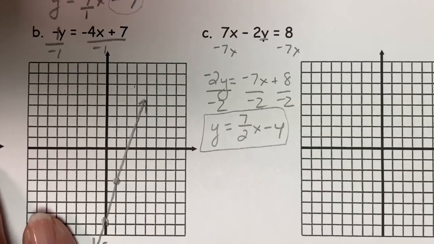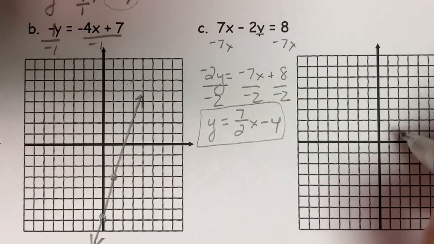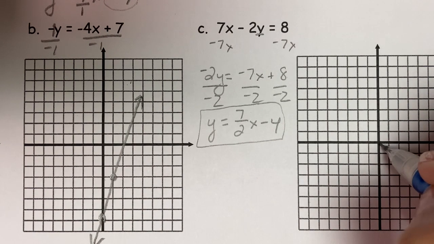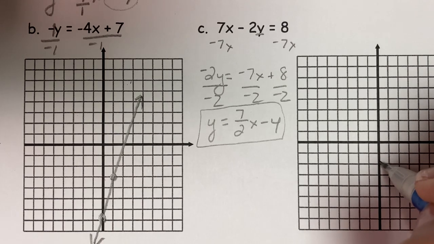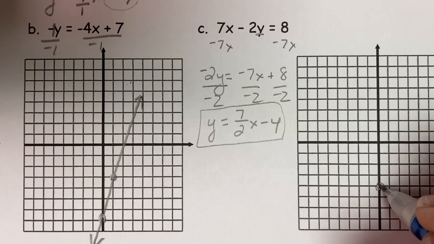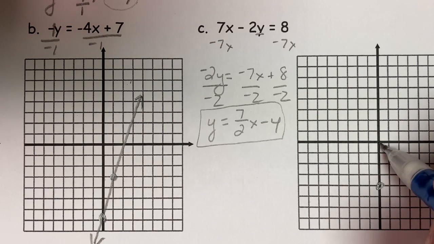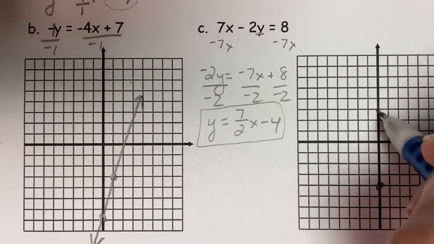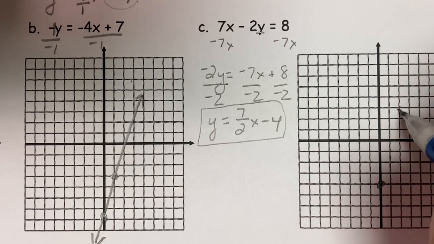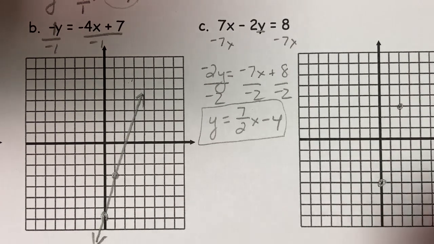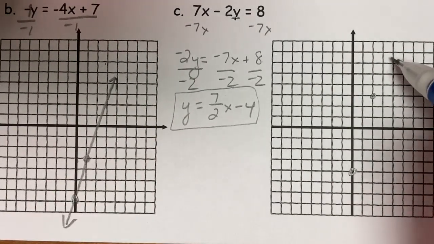What's my y-intercept? My y-intercept is -4, so on the y-axis from the origin, I'm going to go down 1, 2, 3, 4. There's my y-intercept. And then from that point, my rise is 7, so I'm going to go up 1, 2, 3, 4, 5, 6, 7, and I'm going to run +2 to the right, put my second point.